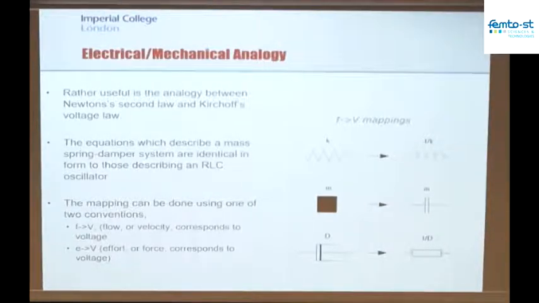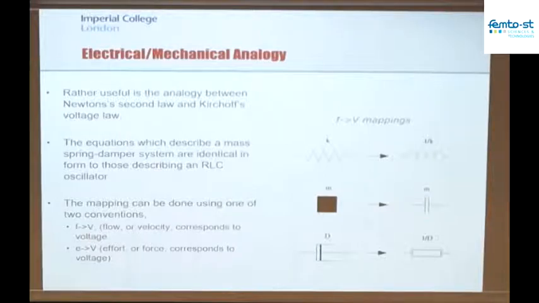This is a very nice and quick way of putting mixed electromechanical models into a circuit simulator. If you take a bunch of the simple mechanical components that you might want to simulate, spring, mass, and a damper, these have nice mappings into their electrical equivalents of an inductor, a capacitor, and a resistor.